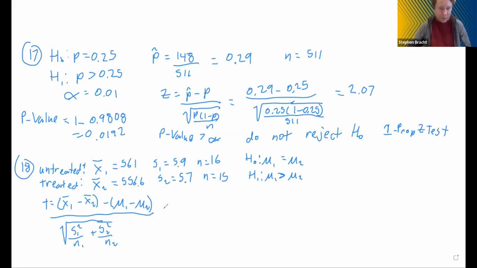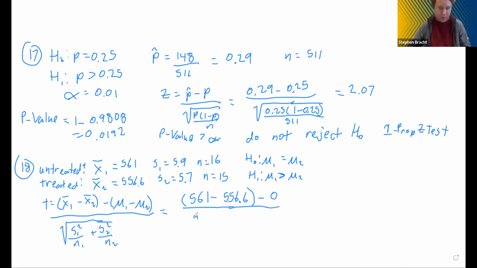Okay, and this is equal to 561 minus 556.6. For mu1 minus mu2, I'll replace that with 0 because I am assuming the null hypothesis is true, right? So I assume those are equal to each other.